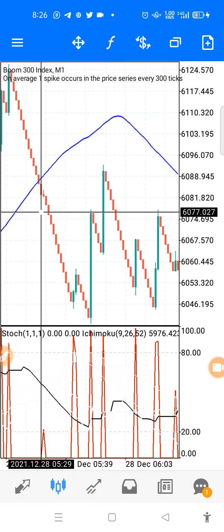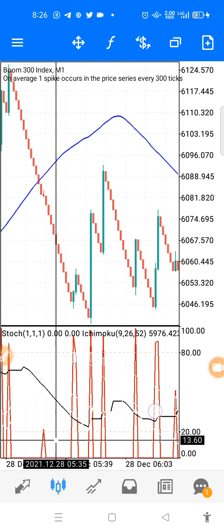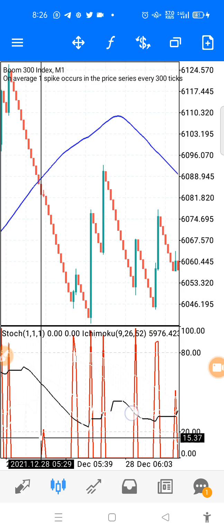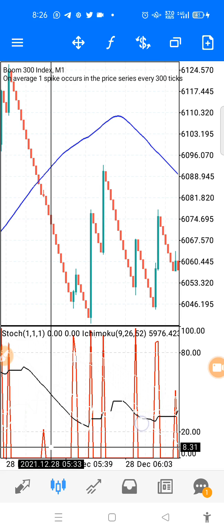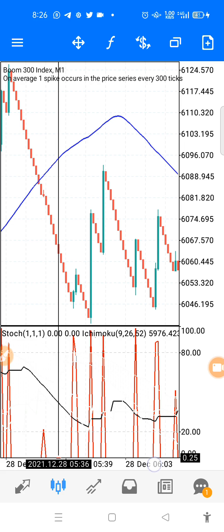But the second condition is that we don't want to sell when the market has already reached the oversold level, meaning that in this stochastic part, this red, which is the main and signal of the stochastic, has to actually be above. Like when it was below here, we cannot really sell because it's not safe to sell.